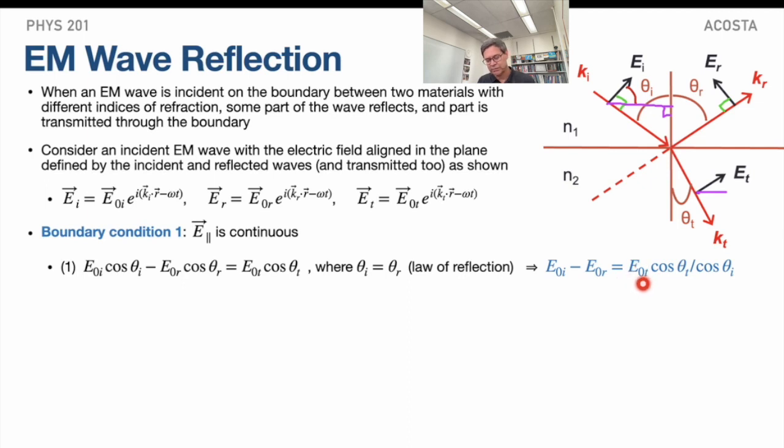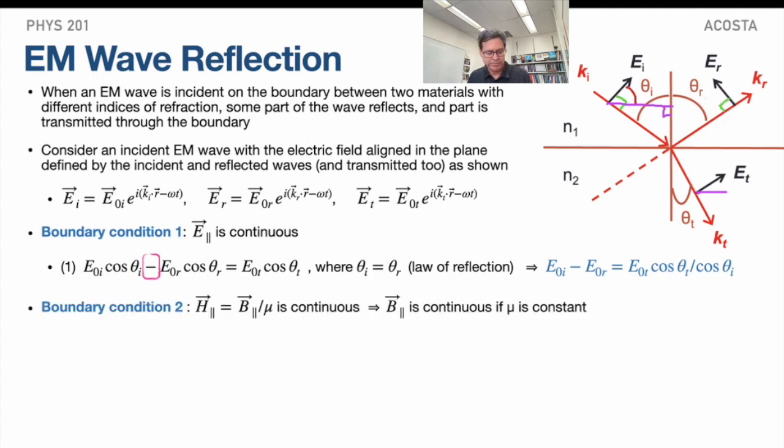These are the magnitudes of those incident, reflected, and transmitted waves, times cos theta t, again from that boundary condition, divided by cos theta I, because I divided it out everywhere here. And so that'll define equation 1, which we'll come back to in a moment. And just to highlight again, that negative sign came from the fact that the reflected wave was pointing in the opposite direction.